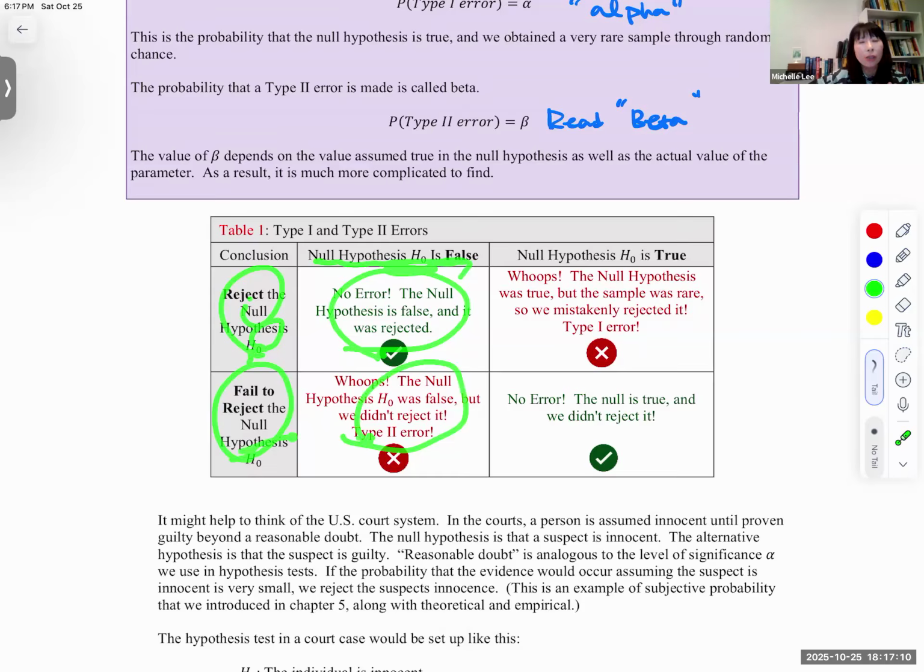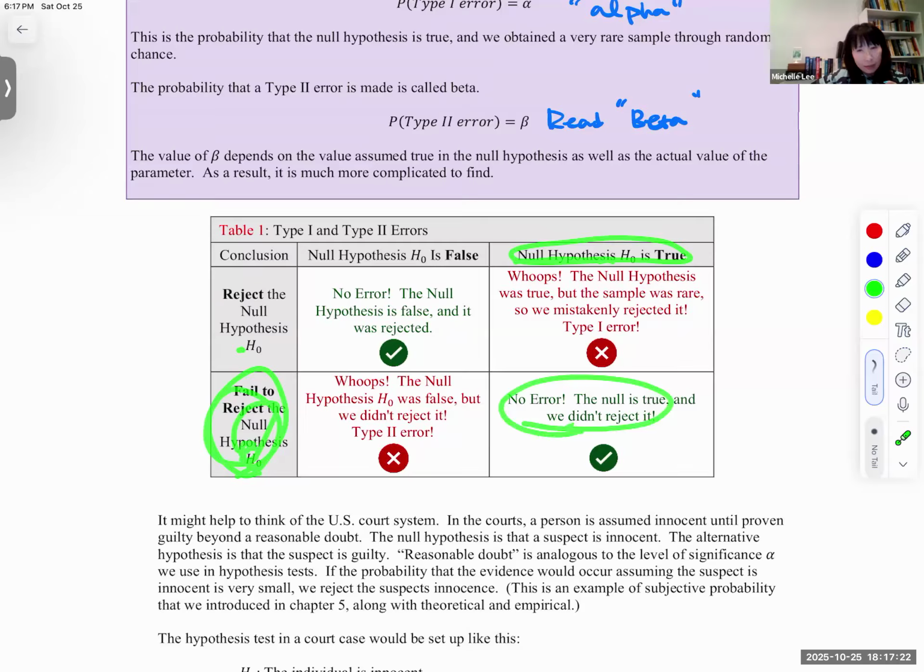Fail to reject, that's the type 2 error. If the null hypothesis is true, then we do not reject. So fail to reject, that is okay, right? But when the null hypothesis is true and they reject, then that's the type 1 error. Make sense? Yeah. That is a very confusing wording, right? But when you read it out loud, it makes sense, right?